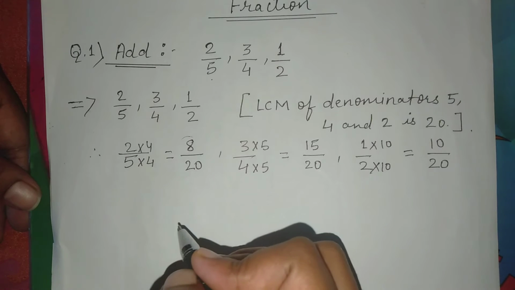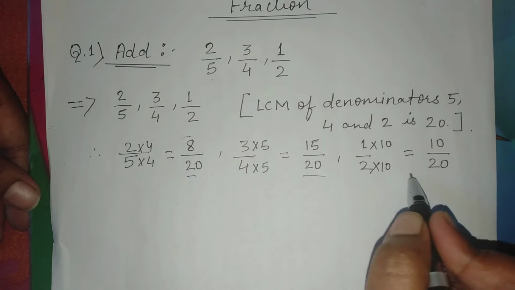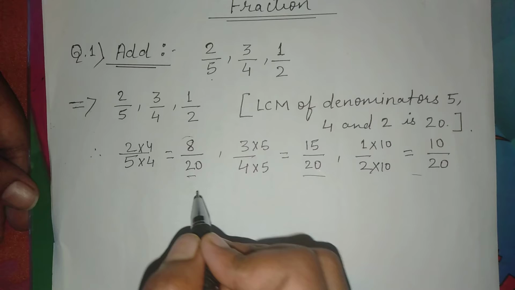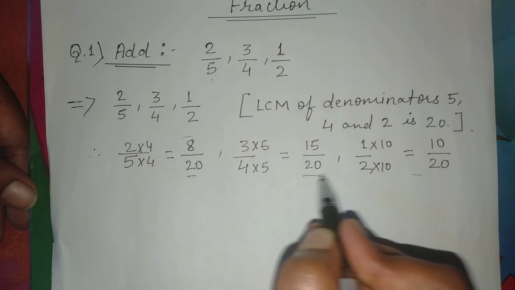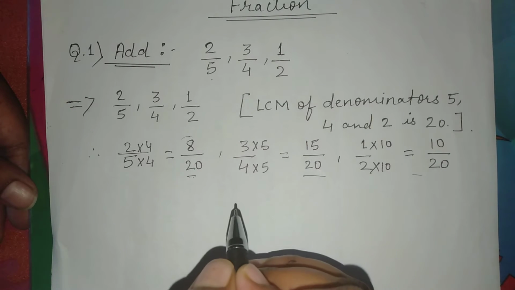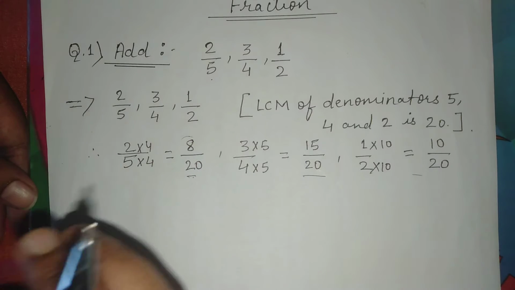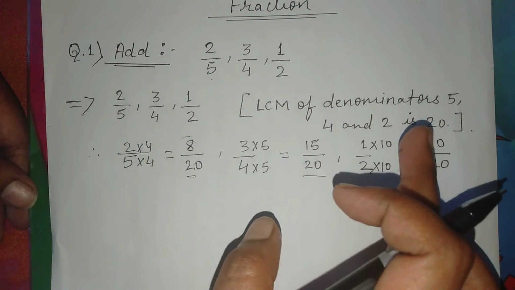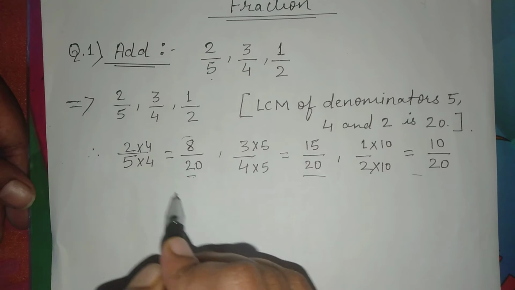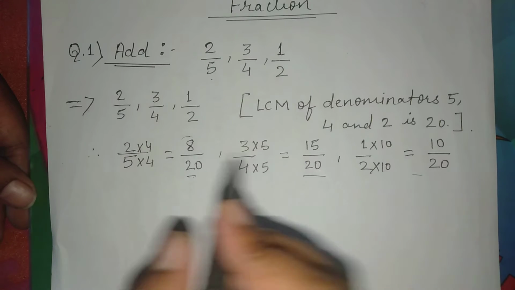Okay. Now we will do the addition of these values, because now if we observe, we will see all the denominators are the same. So before solving you have to multiply by the LCM and make all the denominators the same.